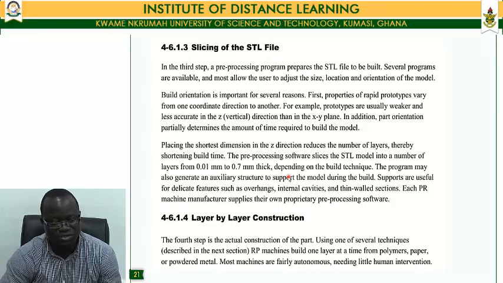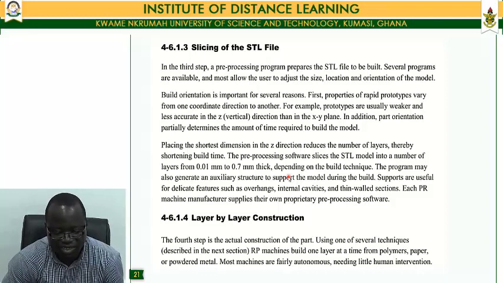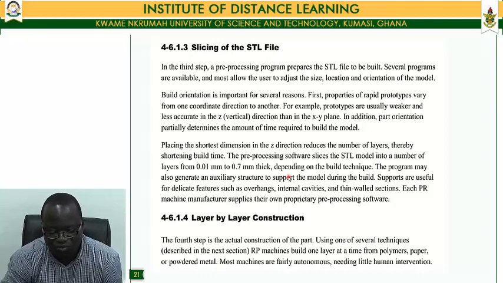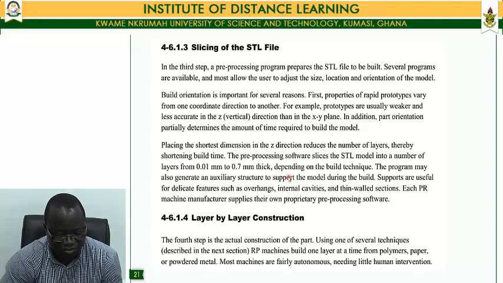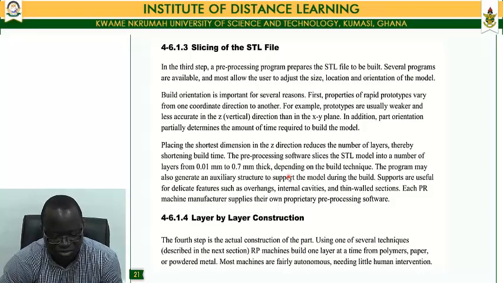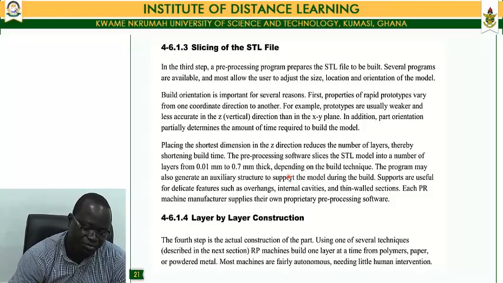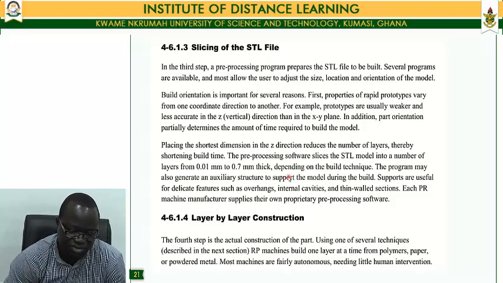Now, the supports are useful for delicate features such as overhangs, internal cavities, and thin wall sections. Now, each prototyping machine manufacturer supplies their own, what we call, proprietary pre-processing software.